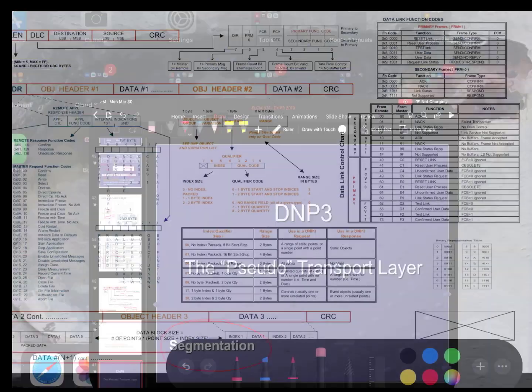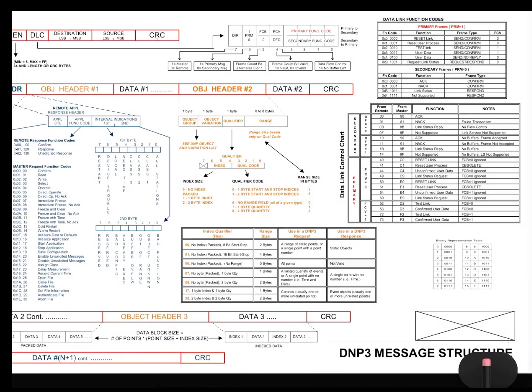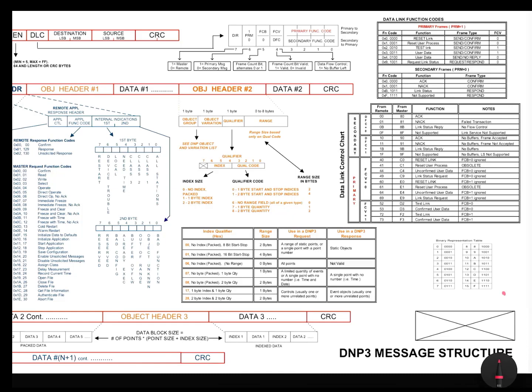So we're talking about segment. Let's just go to our breakout sheet here, and we will look at the transport header. Now the transport header, we're going to find right here, as the next byte in breaking down the layers.